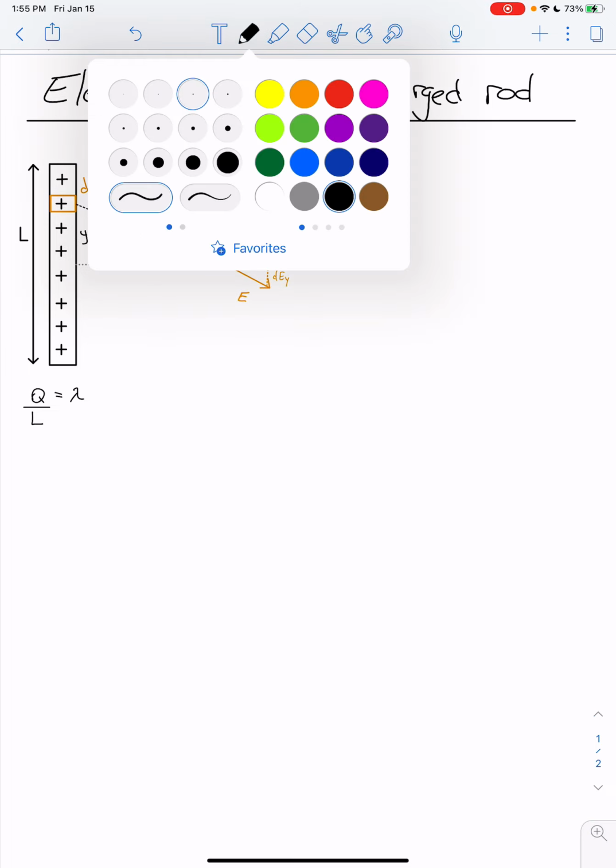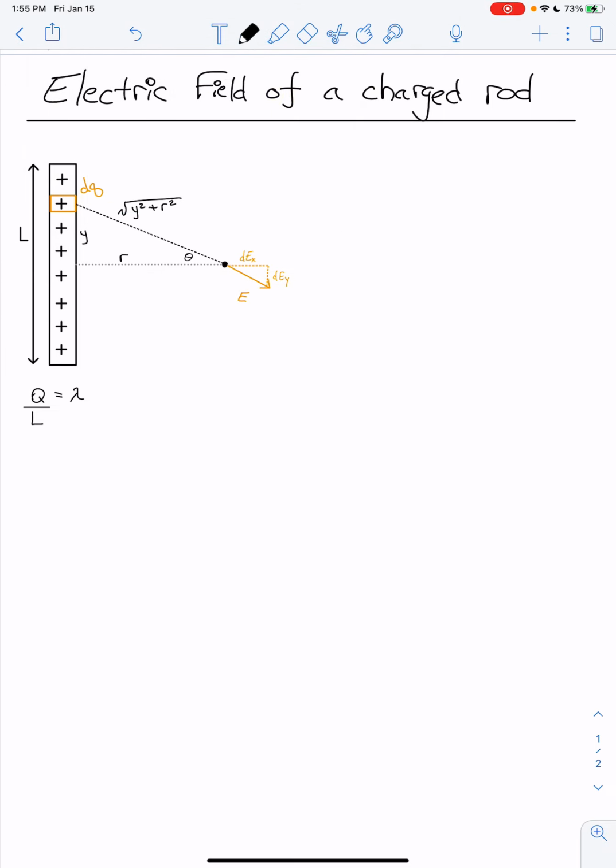So we can follow the way that we've seen an electric field equation before, but in this case, instead of just saying, normally it would be the electric field is going to be equal to K, our Coulomb constant, Q, our charge, and then it'll be over some sort of distance.